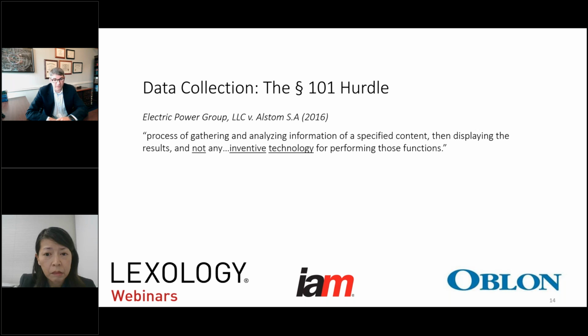This case kind of stood for the proposition that just gathering and analyzing information or data and displaying results was not enough to be considered inventive or to overcome the 101 hurdle. So this case is always a problem for AI cases, especially if we're considering the data aspect, the incoming part of AI. This could be something that needs to be considered and can always continue to be an issue, even in light of the Patent Office's more positive view towards AI cases.